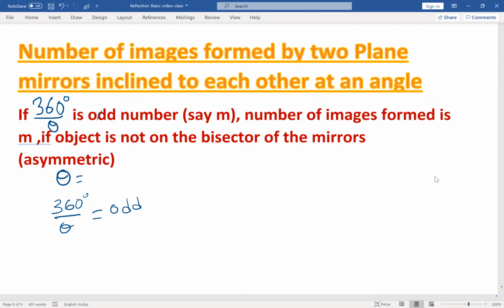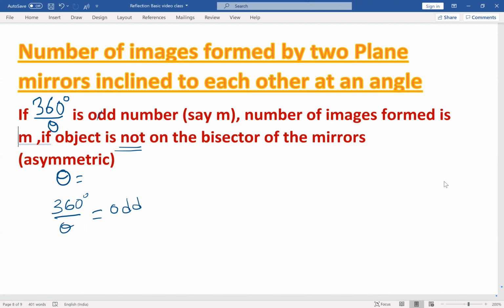Not on the bisector. So you have to check this point first, and only then can you decide how many images there will be. Not on the bisector. So let us go with one small observation here.